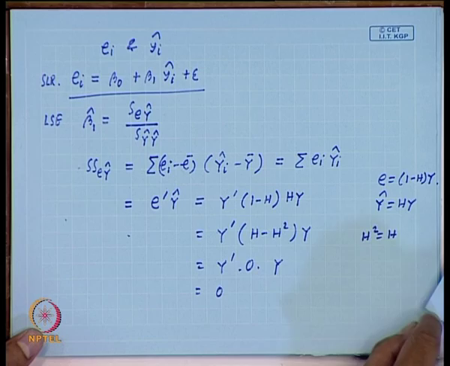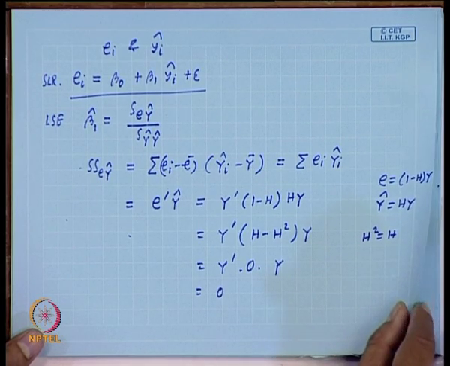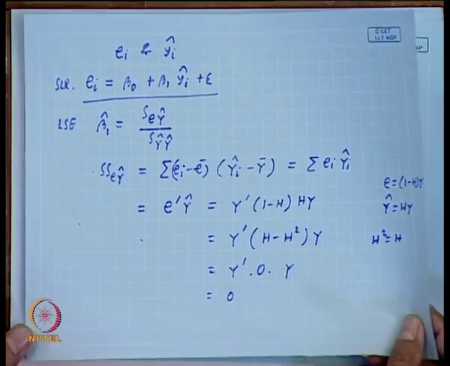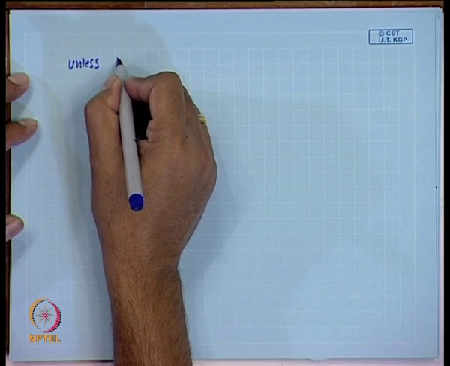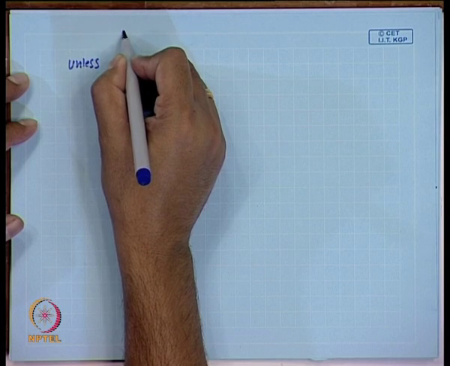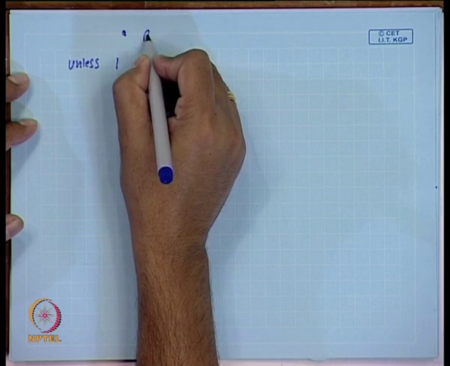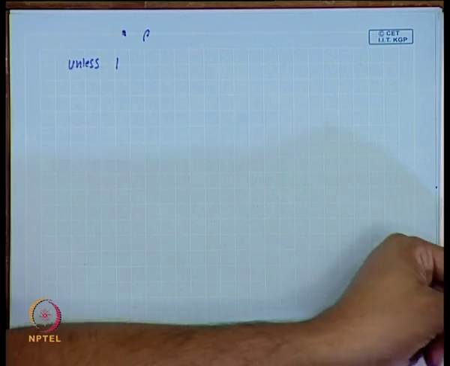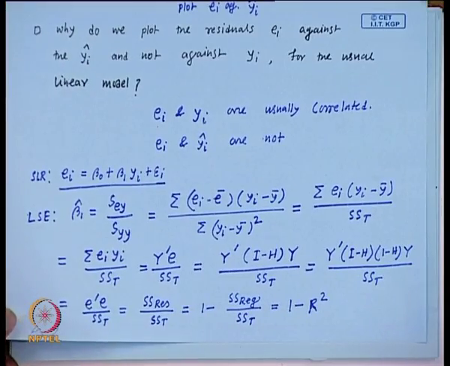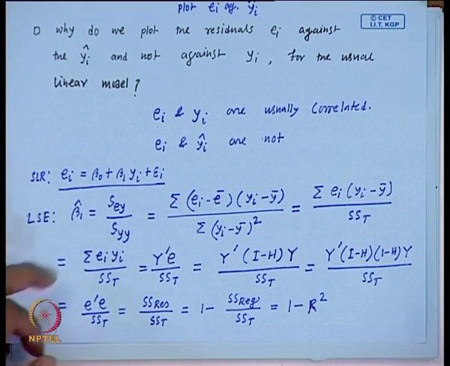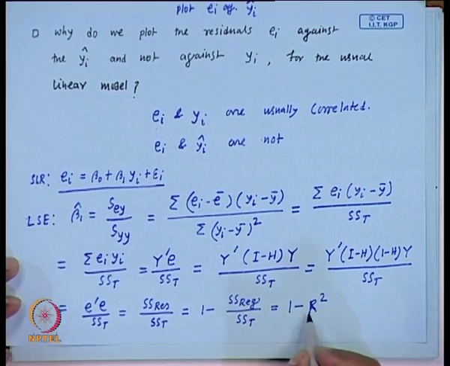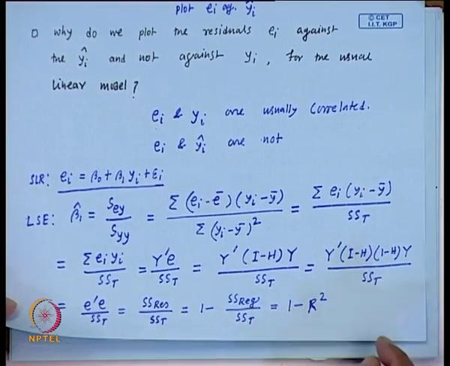Well, what I want to conclude here is that in case of E I and y I, we have observed that beta 1 hat is equal to 1 minus r square.